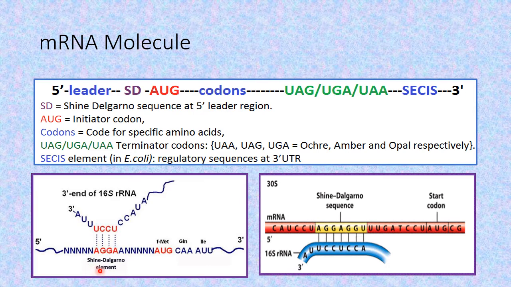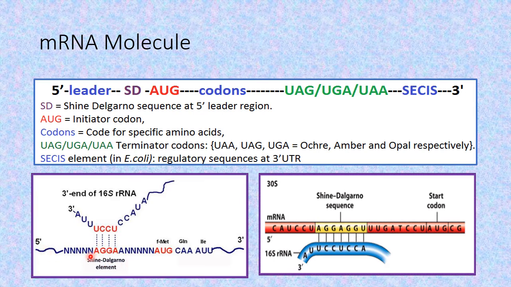So, on the 16S ribosomal RNA, towards its 3' end, there is a complementary sequence, a sequence that is complementary to this Shine-Dalgarno element. So this part of the ribosomal RNA forms bonds, or forms a duplex, with this Shine-Dalgarno sequence of messenger RNA.